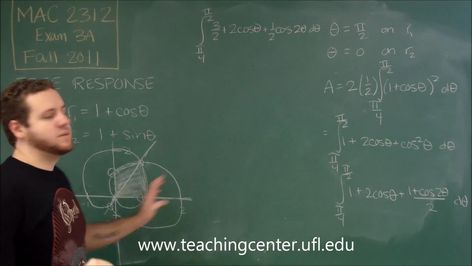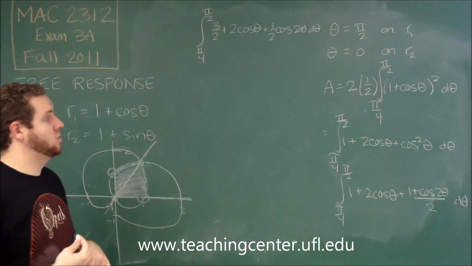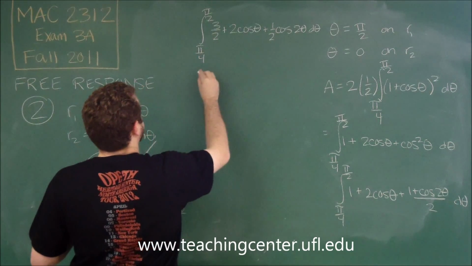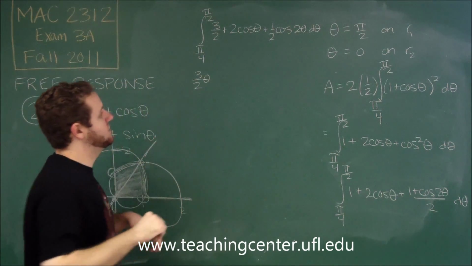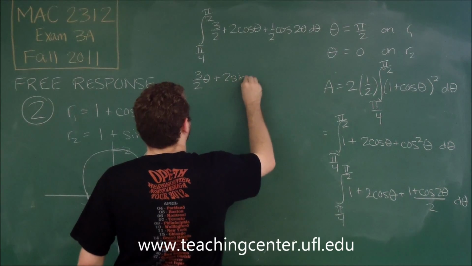Alright, now everything is easily antidifferentiable, so we can do the antiderivative. We're doing this with respect to theta, so 3/2 just becomes 3/2 theta. The antiderivative of cosine is sine, so we have plus 2 sine theta.